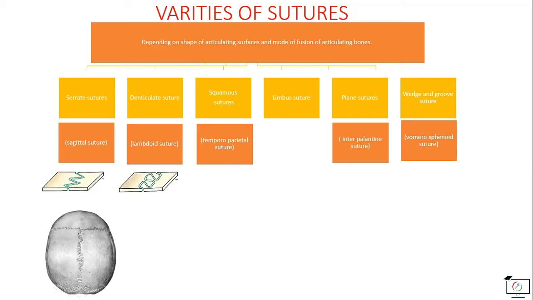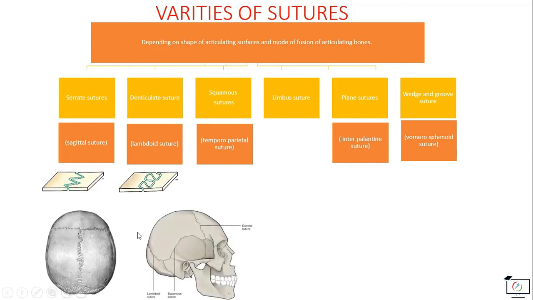The example is the lambdoid suture. The squamous suture has overlying bony surfaces. The example is the temporoparietal suture. And the limbous suture is a modified squamous suture in which the overlying surfaces are ridges. The example is the modified temporoparietal suture.